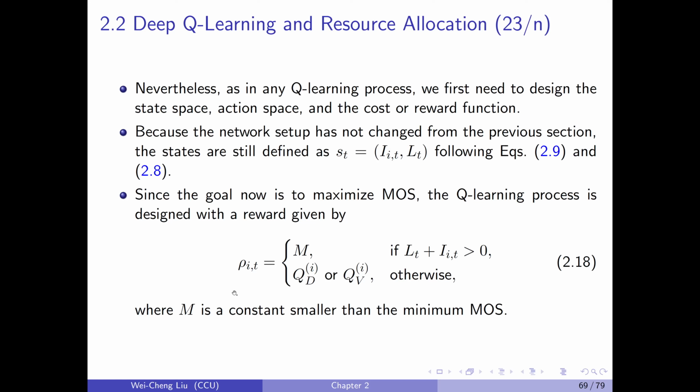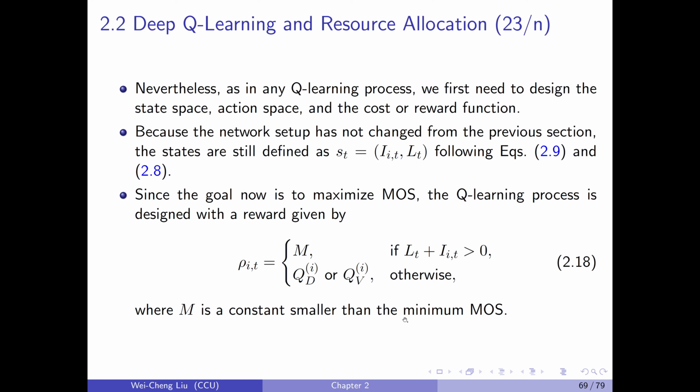Okay, so we can see that rho IT is the reward of the ith user at time t. If any user is in outage, then we give M to the reward, which is a constant smaller than the minimum of MOS.